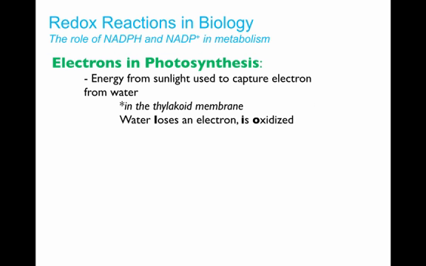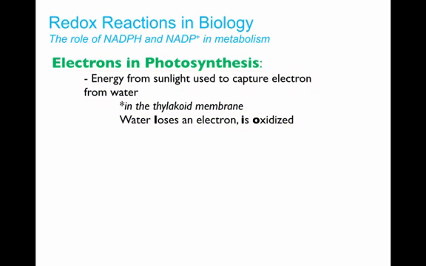So let's use a case study of a metabolic reaction to discuss redox reactions in biological systems. And we're going to talk about the redox reactions that are present in photosynthesis. So as a quick rundown, let's look at what happens in photosynthesis. What's going to happen first is that energy from the sunlight is used to actually capture an electron from a water molecule.